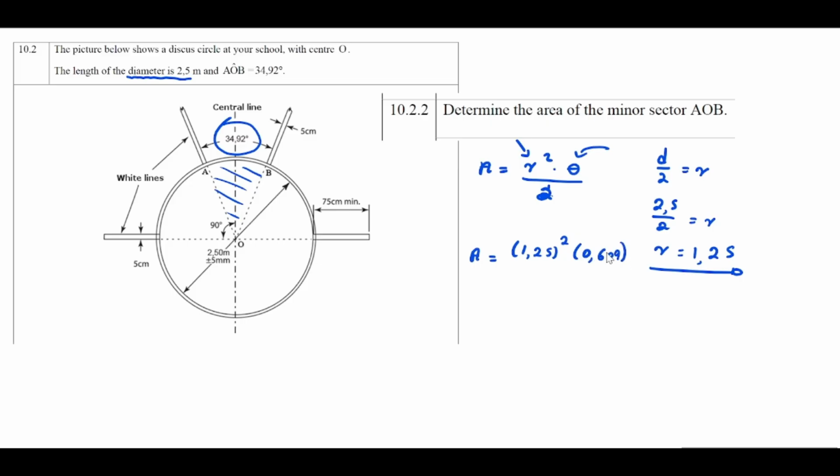The angle we calculated previously is the one we're going to substitute here, and then we divide everything by 2. Then you put it in your calculator, you are going to have 0.47. Since this is the area, we're just going to say 0.47 units squared.